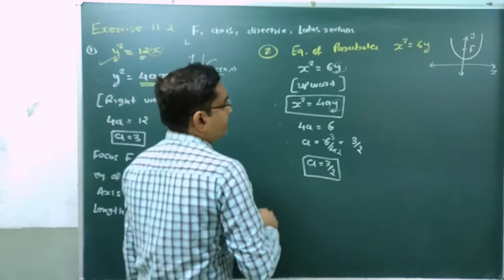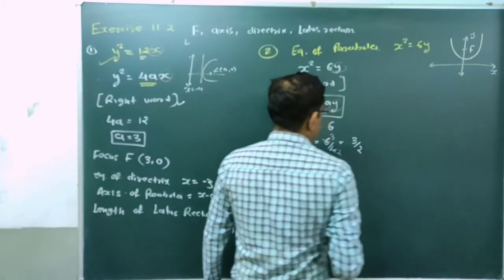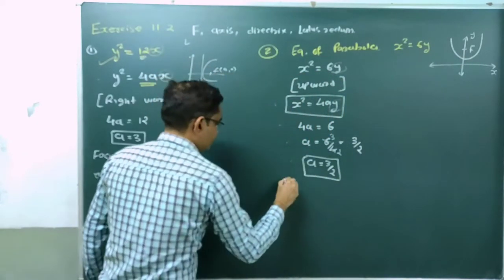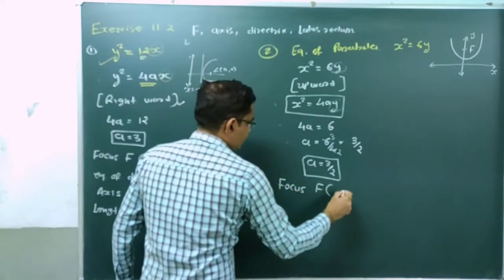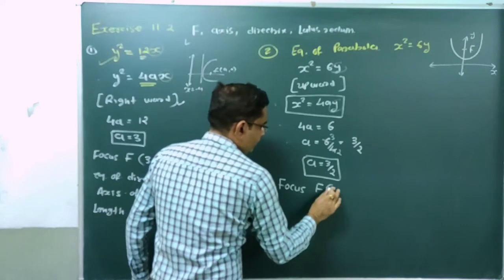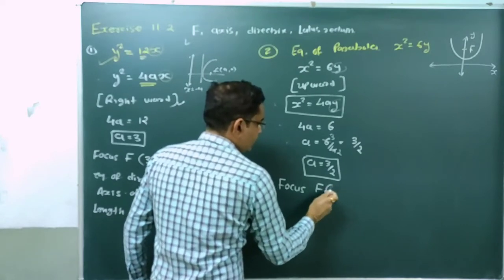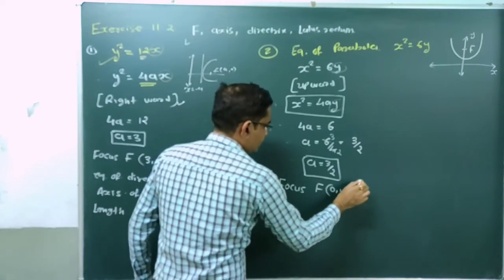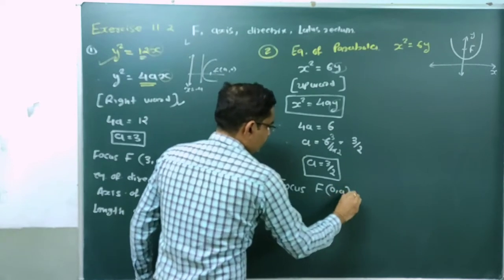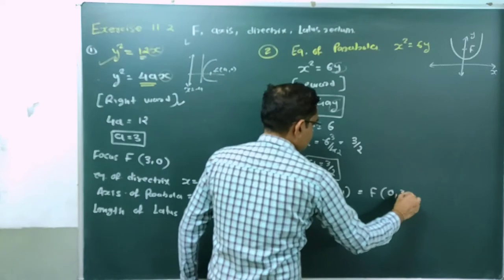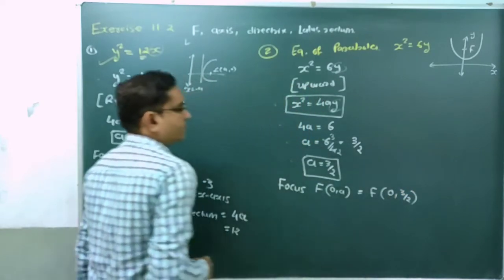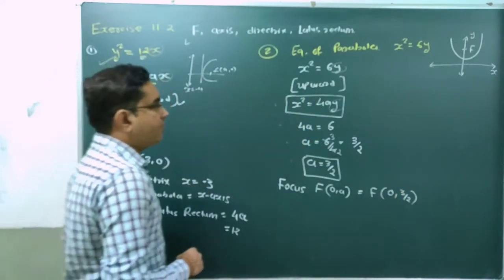Now first, coordinates of focus point. Focus lies on the y-axis, so coordinates of focus will be (0, a), which is equal to (0, 3 by 2). Now what about the directrix?